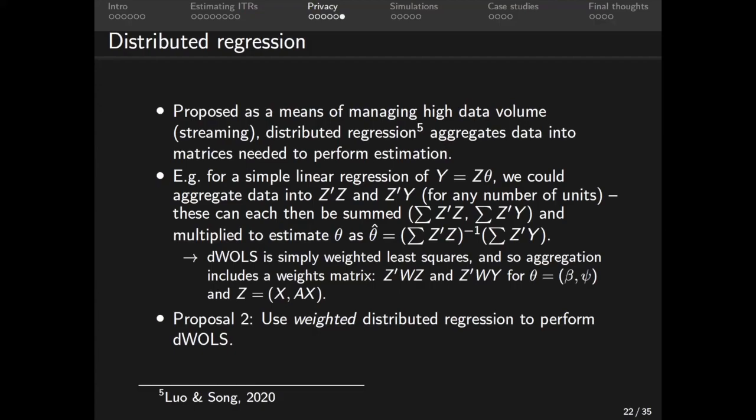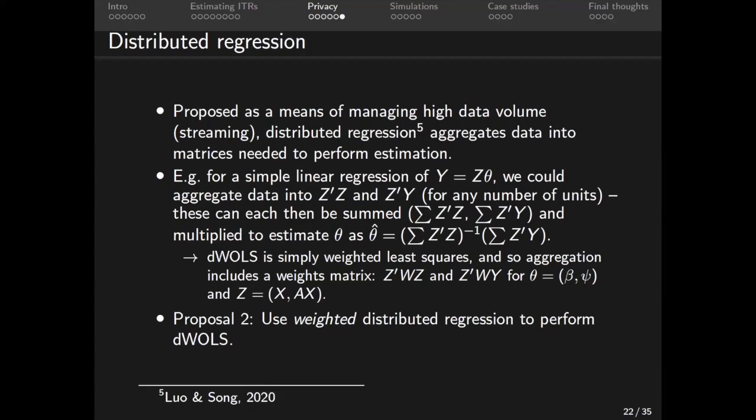Okay, so I've got my regression. How do I solve that? Z transpose Z inverse, Z transpose Y, right? That's like drilled into us from our first regression course. So I've got two matrices that I need to estimate theta hat. Well, it turns out that if each center just gives me these two matrices, I can sum them and recover exactly the information that I would have had I all the information at once.